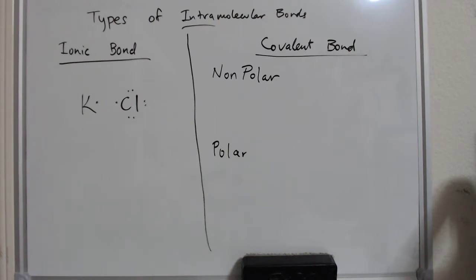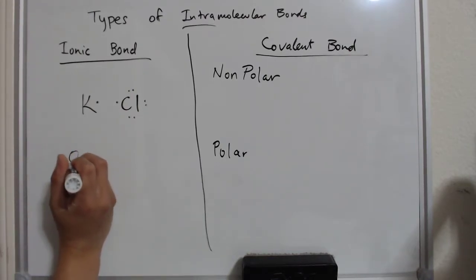These are the atoms in their neutral states. So when they come to bond together, we have to think about electronegativity. Electronegativity is the desire of an atom for electrons. So we can also think of it as somewhat of a tug of war.